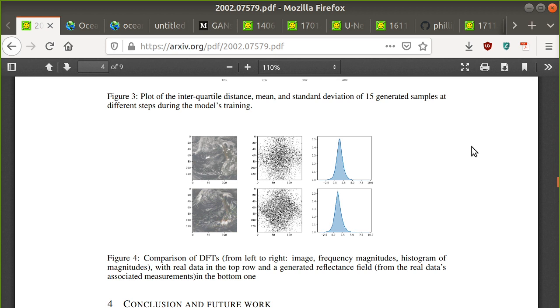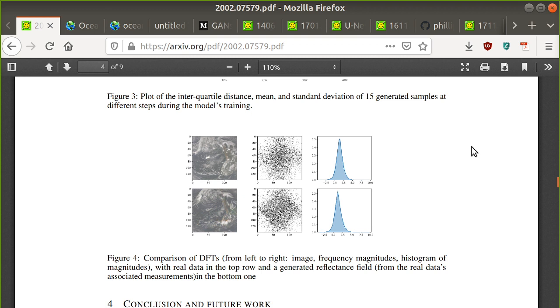We're supposed to be looking at discrete Fourier transforms of the images. So this is one of the ways they want to check. This is generally a good thing to do: take something your network wasn't trained to do and see if it does it anyway. That's a good hint that it's getting realistic samples overall.